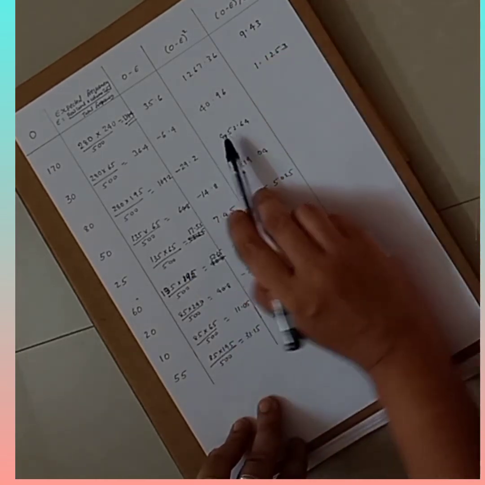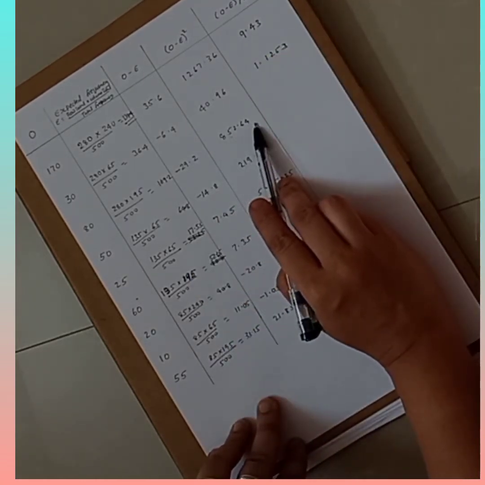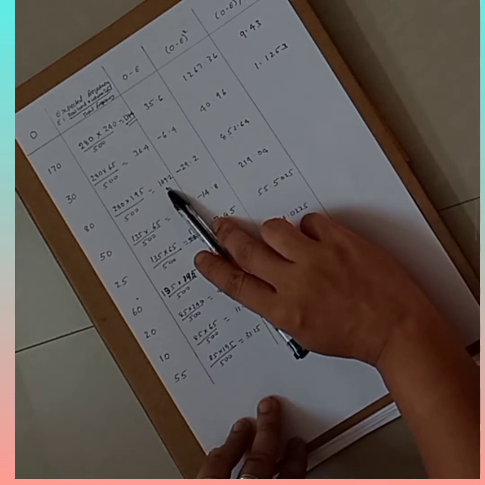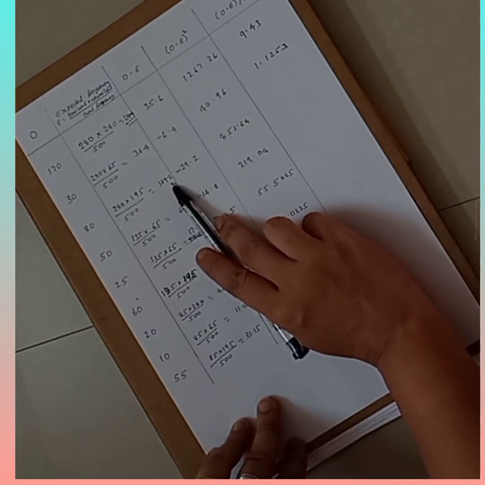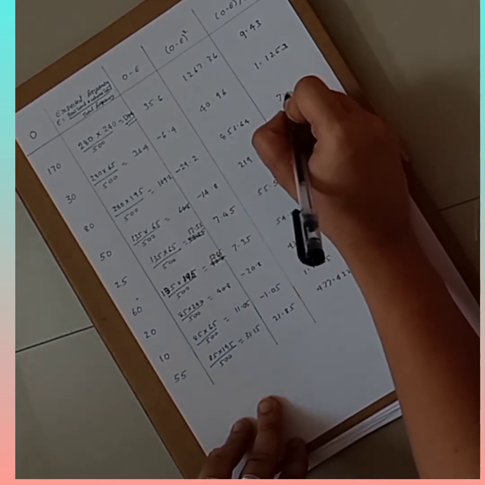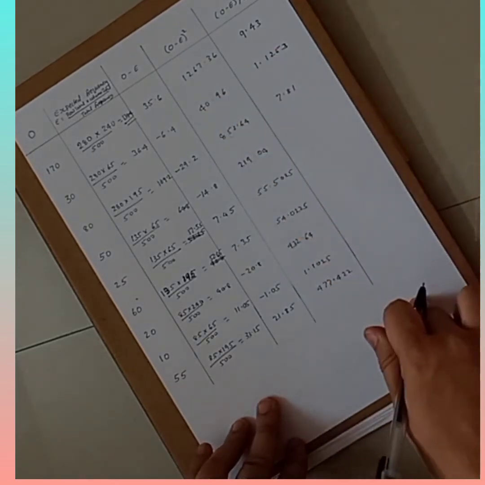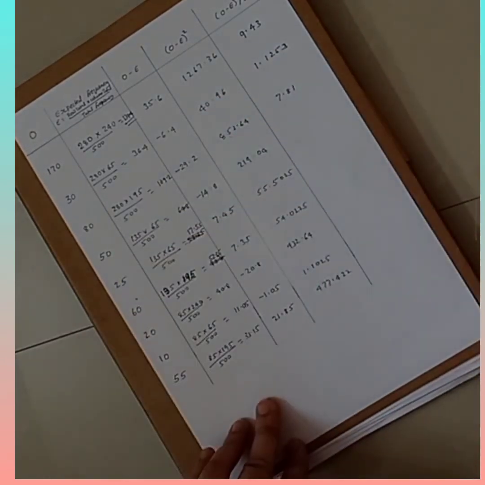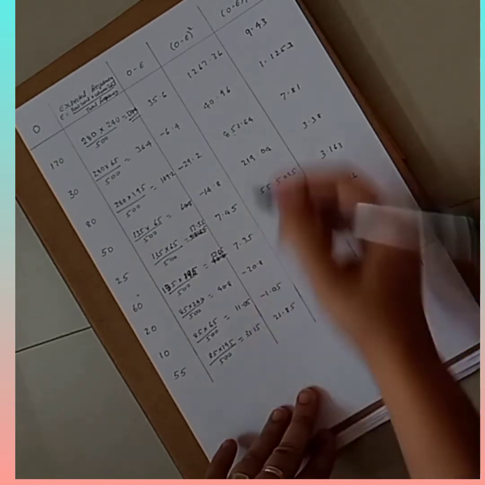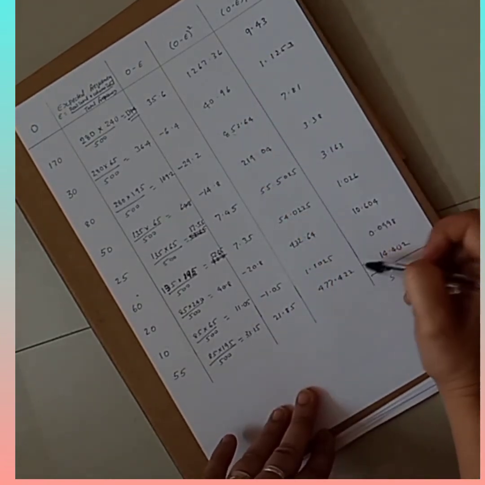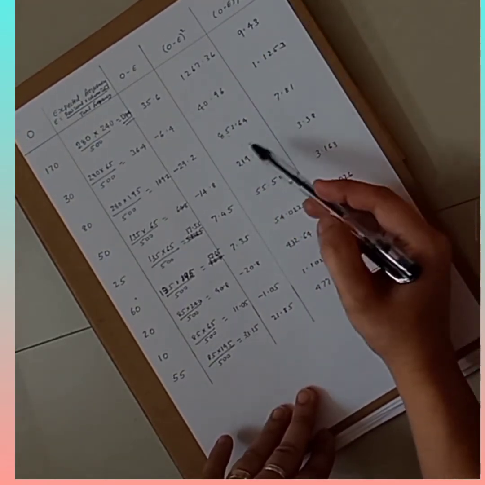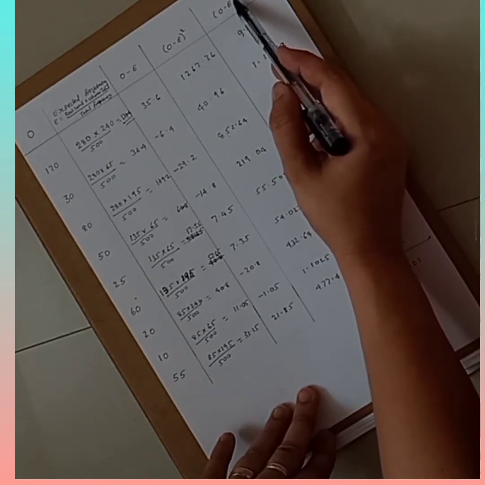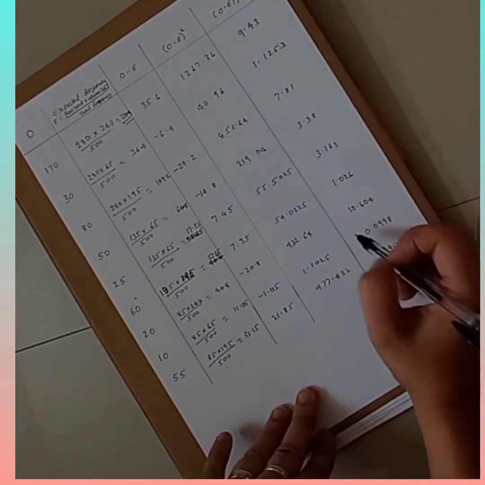Then 852.64 divided by 109.2 is 7.81. Similarly, for all of these you need to divide by the expected frequency. So I have written down the O minus E squared divided by E value for all of these.